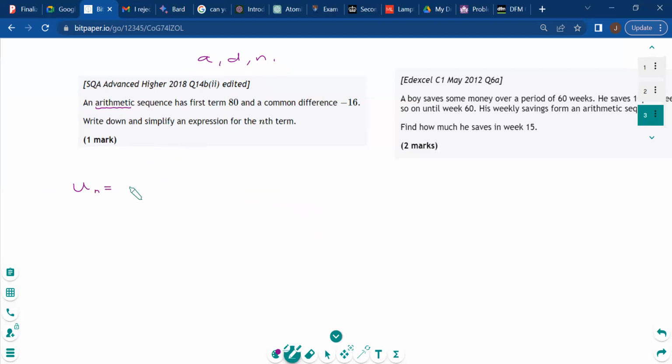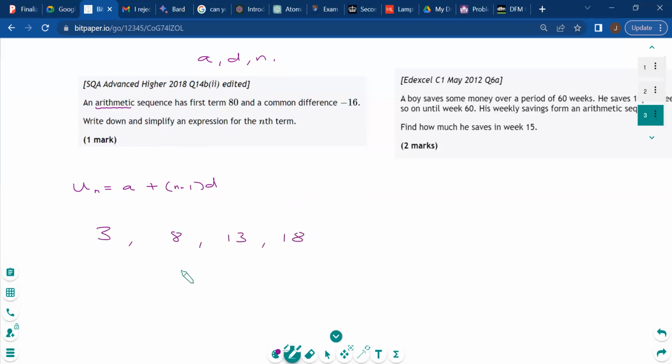And the rule is as follows. You take the first term and you add on the difference n minus 1 times.